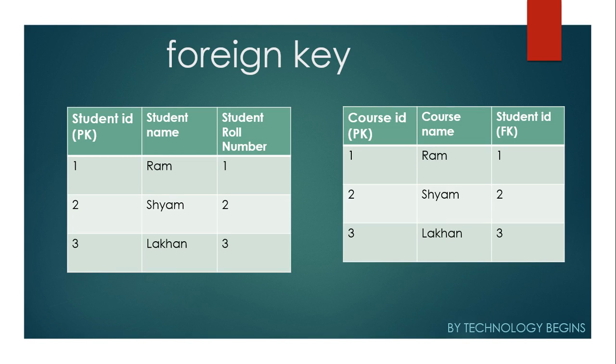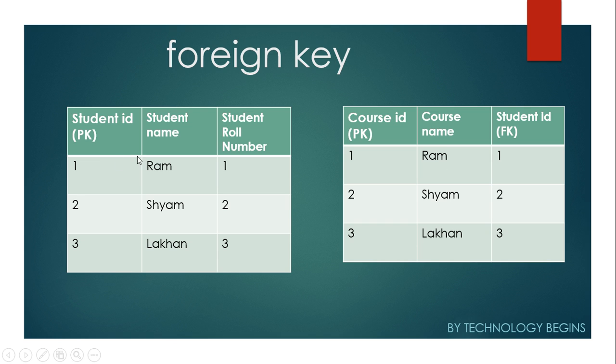Last one is foreign key. Foreign key means it points to the primary key of another table. Let's consider this example. Here are two tables. First one is student and second one is course. So we have to identify which student has taken which course.